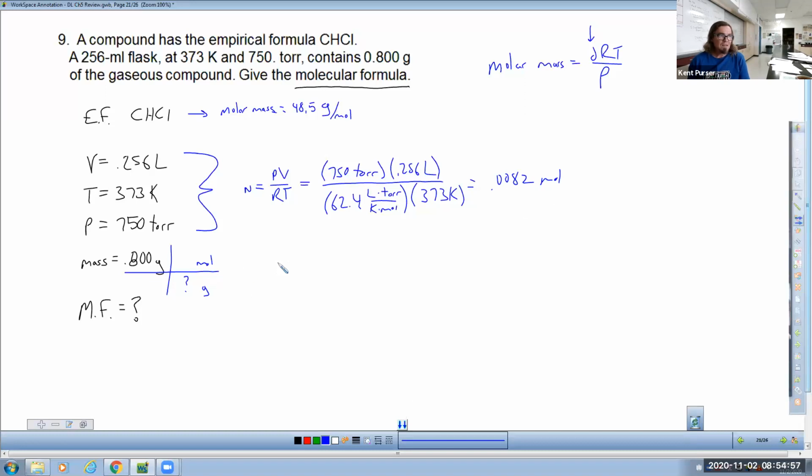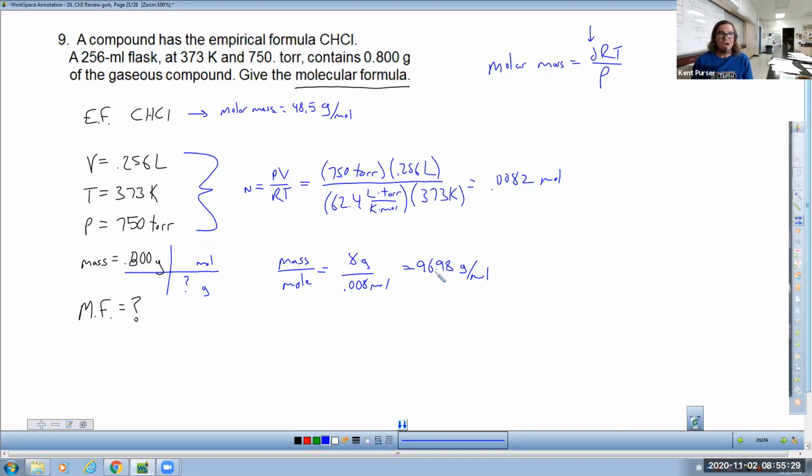Now, if we take the mass divided by the moles, we now know the molar mass. 0.8 grams divided by 0.0082 moles. Of course, even though I wrote it down like that, I'm using the number that's on this screen. 0.8 divided by the answer comes out to be 96.98. All right, we're in business. 96.98 grams per mole.